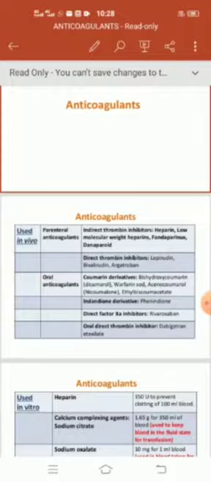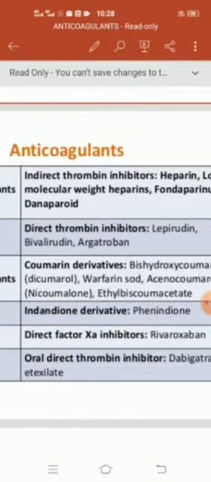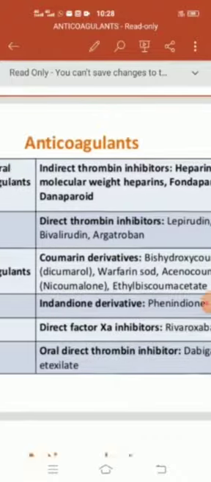They are heparin, low molecular weight heparins, fondaparinux and danaparoid, okay. And the direct thrombin inhibitors: lepirudin, bivalirudin, argatroban.